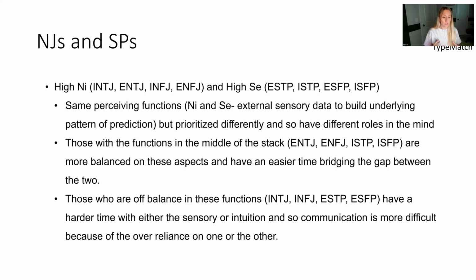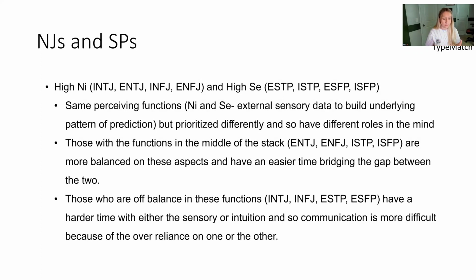So those types that have these functions in the middle of their stack, that's ENTJs, ENFJs, ISTPs, and ISFPs, are more balanced in terms of these aspects and have an easier time bridging the gap between each other. So we do see a bit easier communication and compatibility between, for example, an ENTJ and an ISTP, or an ENFJ and ISFP, or different combinations of the two.